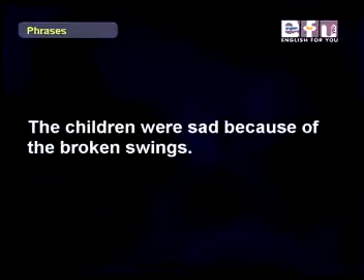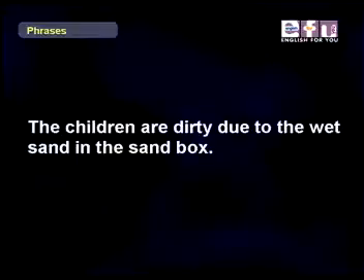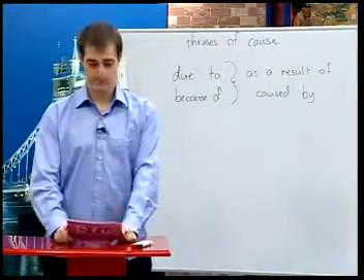In the second sentence, the children were sad because the swings were broken. In the third sentence, the humidity caused the wading pool to be full. In the fourth sentence, the children are dirty as a result of the wet sand. In these sentences, the prepositions are followed by phrases.